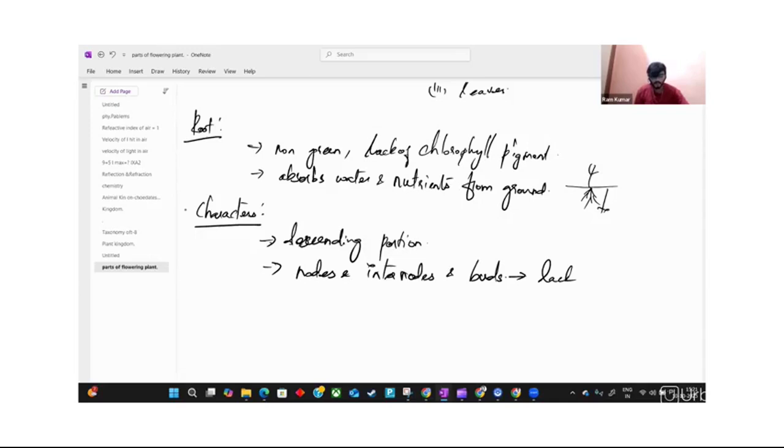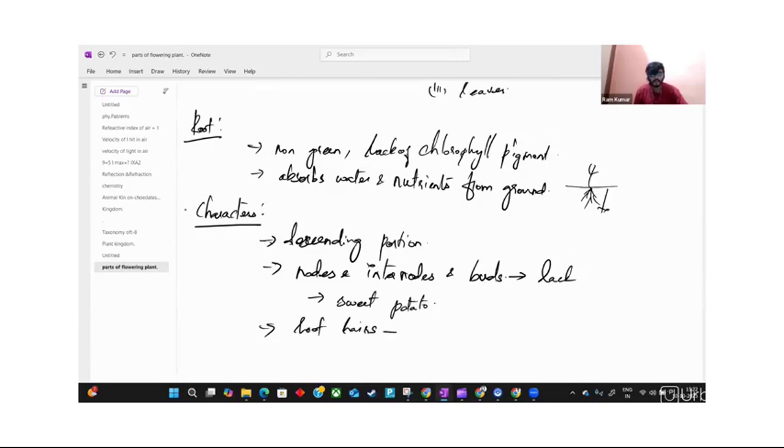Except for the sweet potato, all other roots don't have nodes, internodes, and buds. Next, roots bear root hairs.